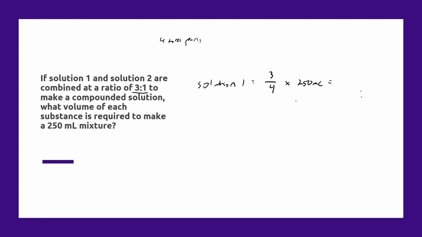So 3/4 times 250 equals 187.5 milliliters. And then solution 2 equals 1 part out of every 4 parts times 250 milliliters.